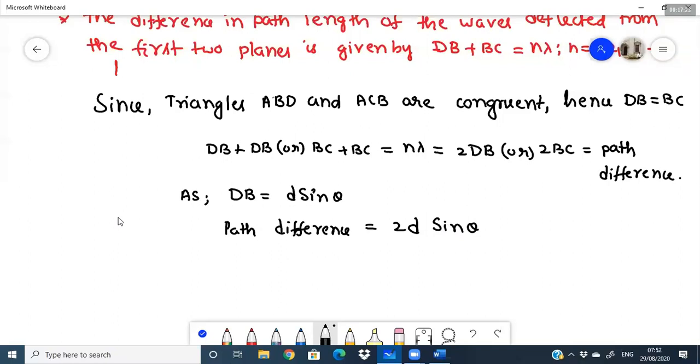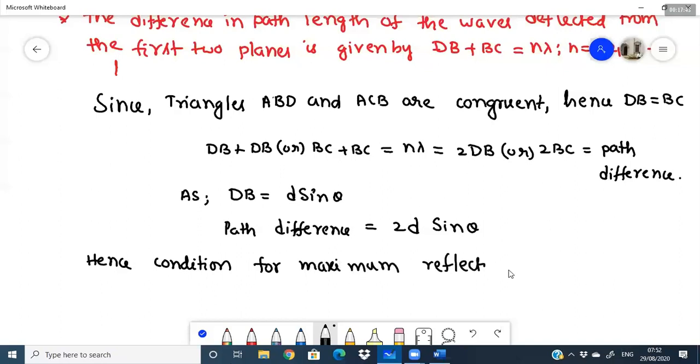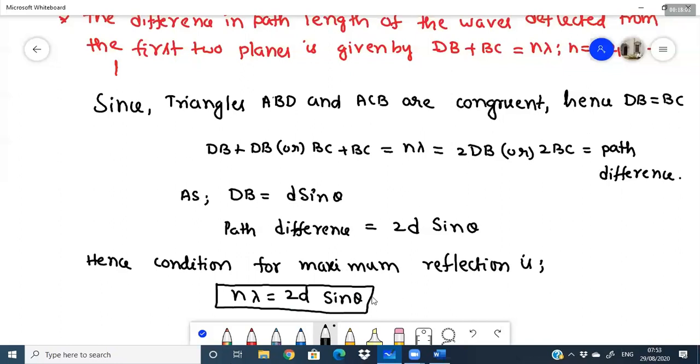Hence, the condition for maximum reflection is n lambda equal to 2d sin theta. And this is called Bragg's equation.